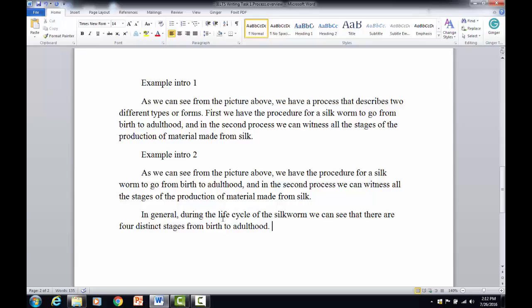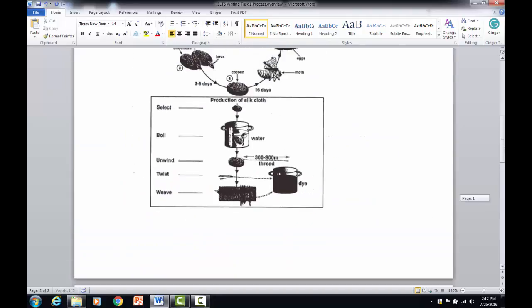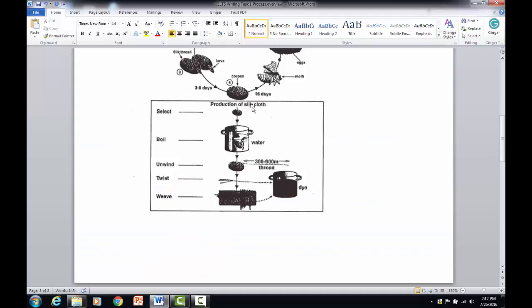For the first part of the cycle, when it comes to the production of silk, right? Production of silk cloth, there are 5 parts.